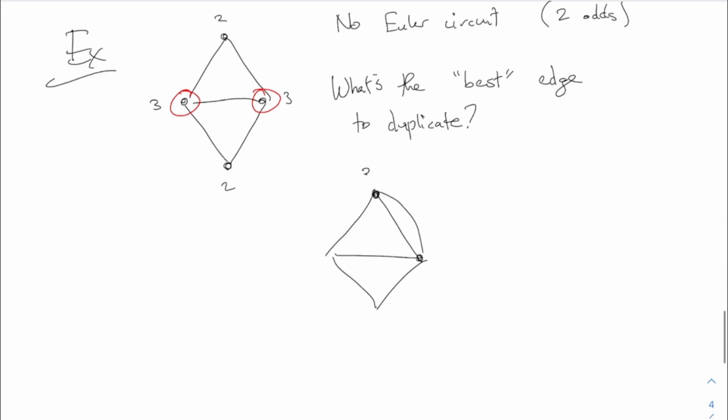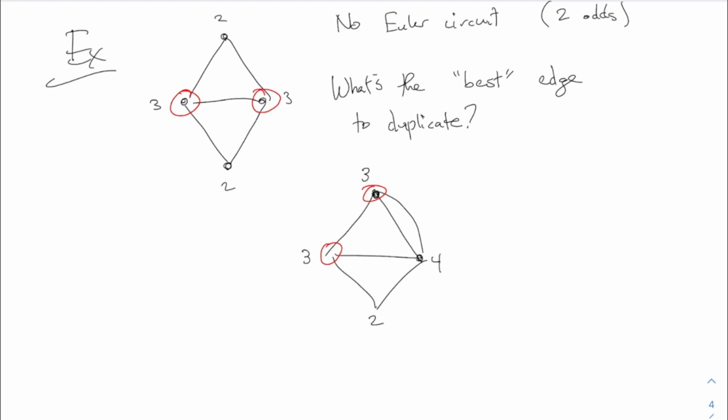This now is a 3, this is a 3, this is a 2, this is a 4 now, all right? The 2 up here used to be a 2, but I add another edge there, so now it's a 3. Over here used to be a 3, but I added an edge, so now it's a 4. All right. Now, is this one any better in terms of not repeating edges? No, it is not. This still has 2 odds, so I would say that was a bad choice that I decided to duplicate that one, but it actually still has 2 odds here, so that was not a good choice.